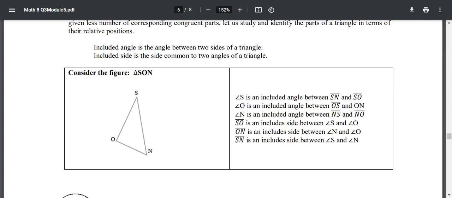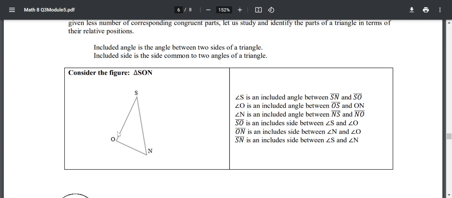The side that has two angles sharing it. So this side SO, this is an included side between angle S and angle O, because angle S is part of SO, and angle O also. So angle O and angle S share side SO.